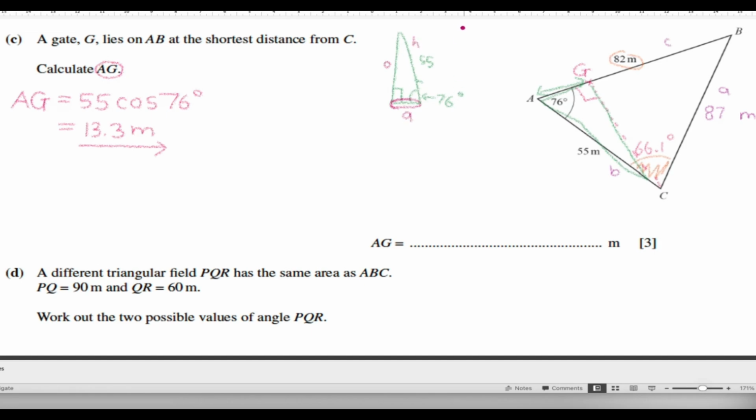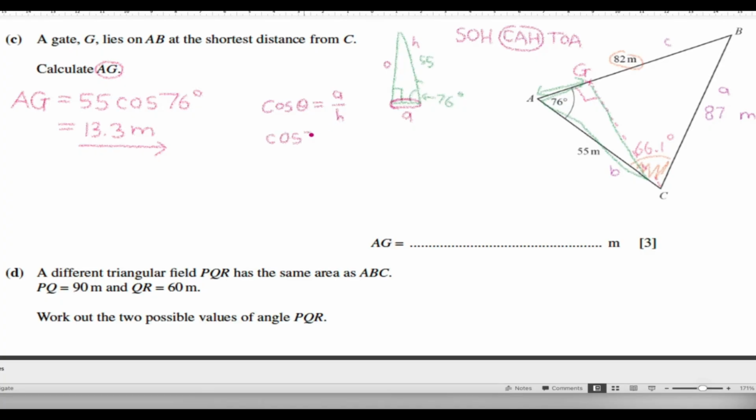Now remember, SOHCAHTOA. I'm going to write it down. SOHCAHTOA. So in this case, we have the hypotenuse and we are looking for the adjacent side. So we are going to use the cosine ratio. So the cosine ratio can be written as cosine of theta is equal to the adjacent over the hypotenuse. Now in our case, theta is equal to 76 degrees.